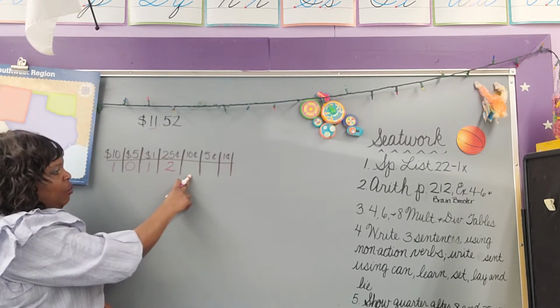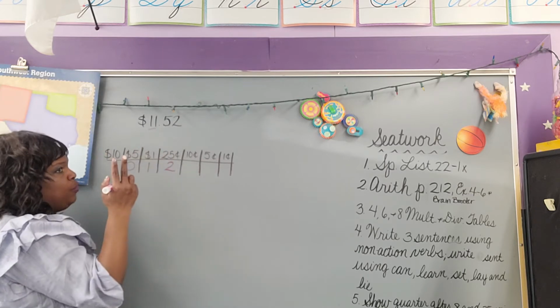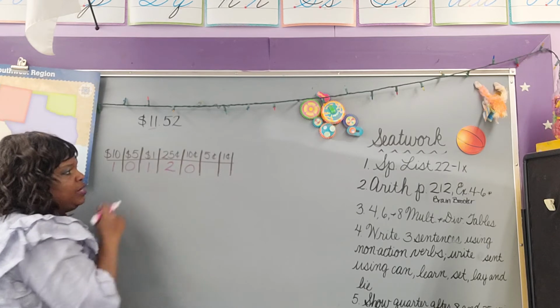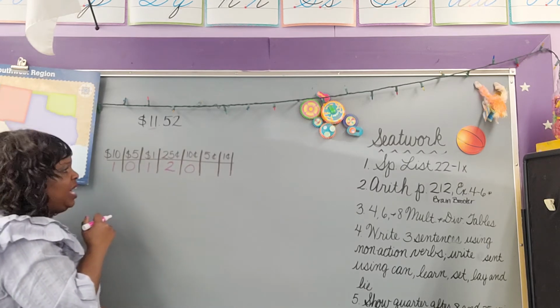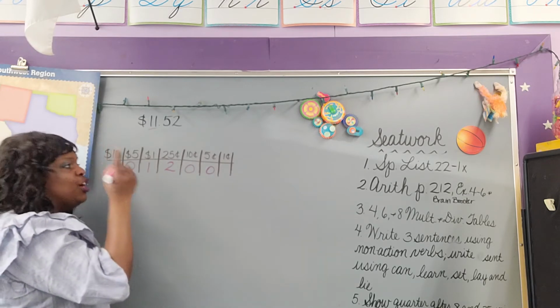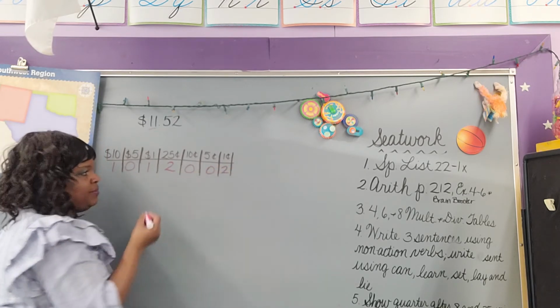And then how many dimes would we need to get to 52? If we were at 50, I don't need any dimes. How many nickels do I need? Oh yeah, I don't need any nickels. I just need 2 pennies.